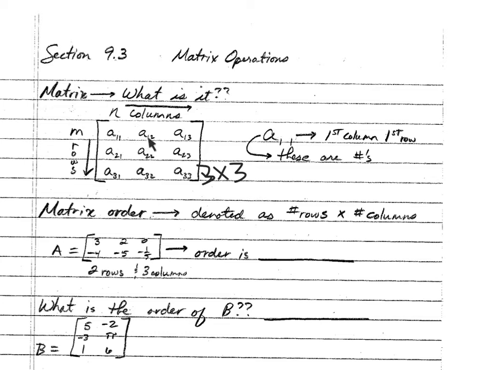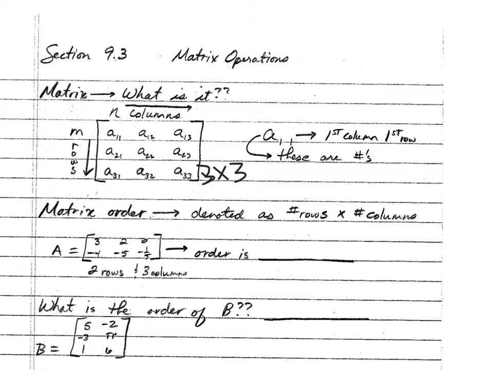First row, first column; first row, second column; first row, third column. This is the second row, first column; second row, second column; second row, third column. Rows always come first, columns always come second. So they're going to ask you for the order of the matrix. It's denoted as the number of rows by the number of columns.